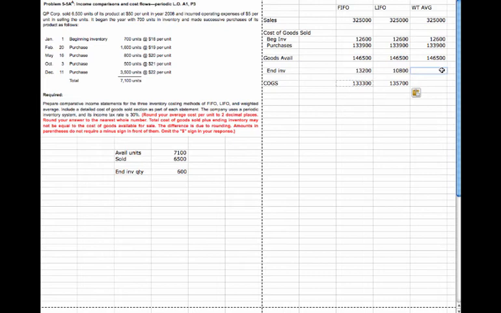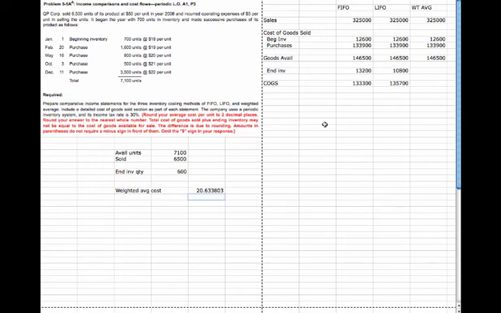Now the last one's a little bit trickier. At this point, goods available was $146,500, and I had 7,100 units. So to figure out my weighted average cost, I would take the $146,500 and divide it by the number of units available, 7,100 units, which gives me an average cost of $20.63.